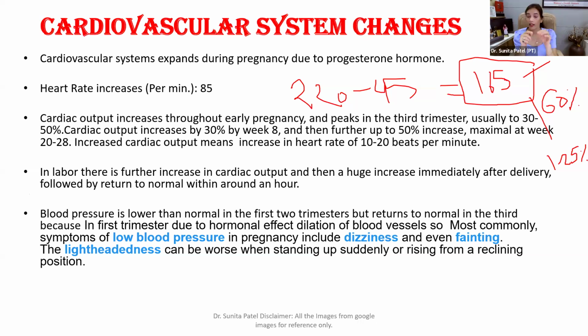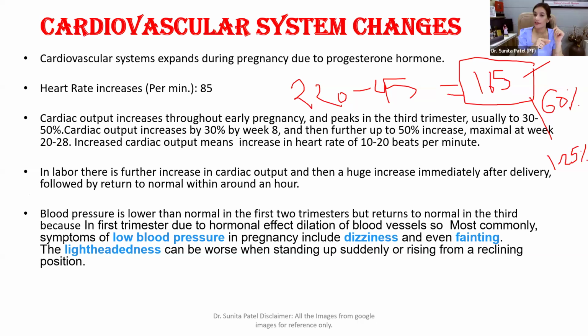So always check. She should have a watch so she can keep monitoring the heart rate in between the exercise also. Do not plan exercise where the heart rate continuously shifts up and down. We don't want that. As a physio, it is very important not to put extra pressure over the heart. Stay in a safer zone, and do not plan exercises which will suddenly increase the heart rate.